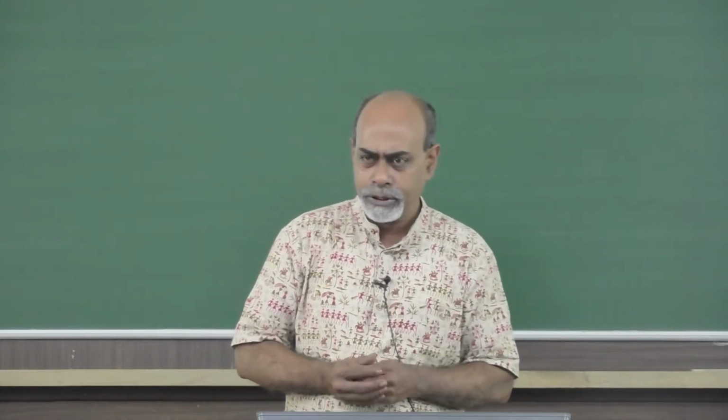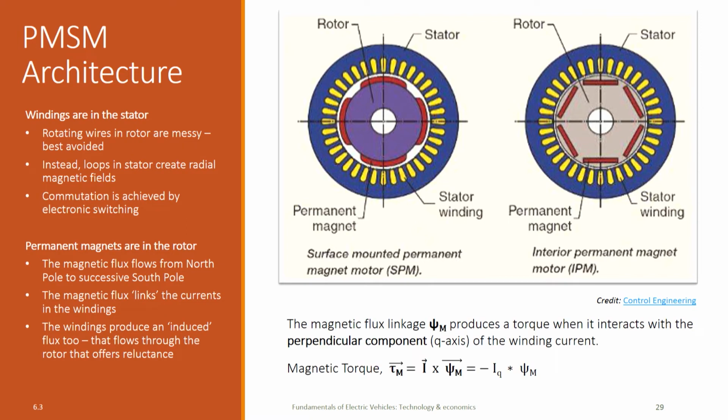This torque production you are already familiar with, it is called the magnetic torque, and we can resolve the current flowing through the wire into 2 components, one parallel to the magnetic field, another perpendicular to the magnetic field, and the component that is perpendicular is what results in magnetic torque production. All of this we have already covered in the case of the PMDC motor, and a similar thing will be happening here, there is no difference.